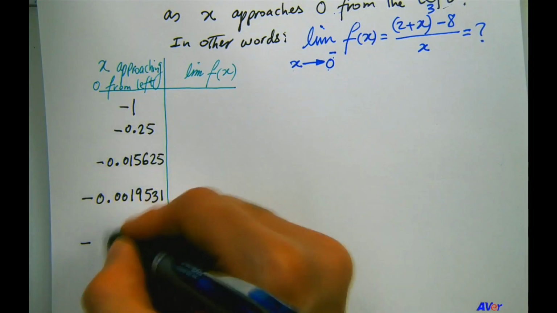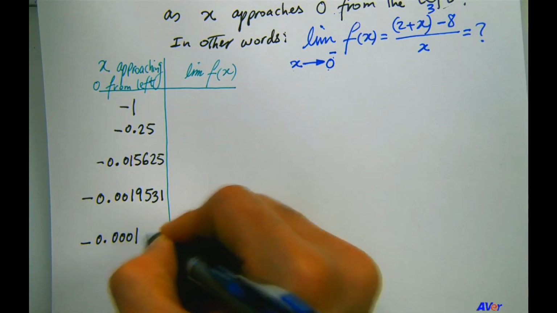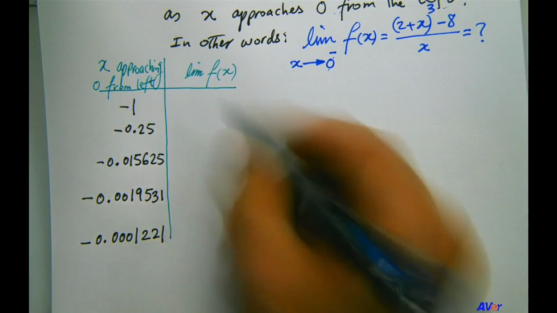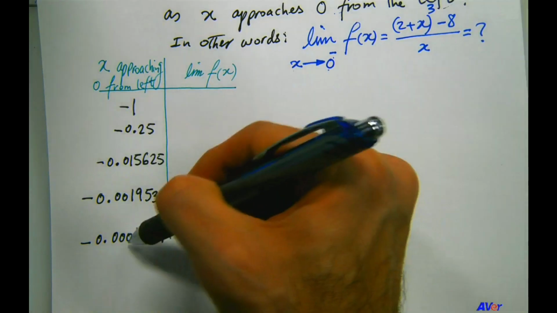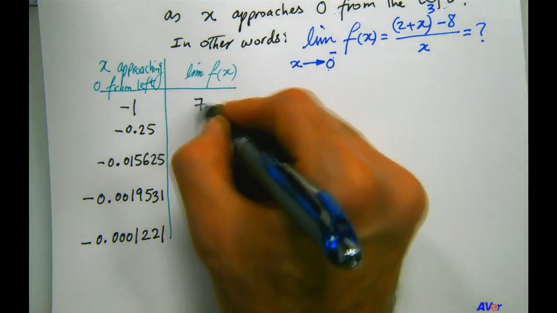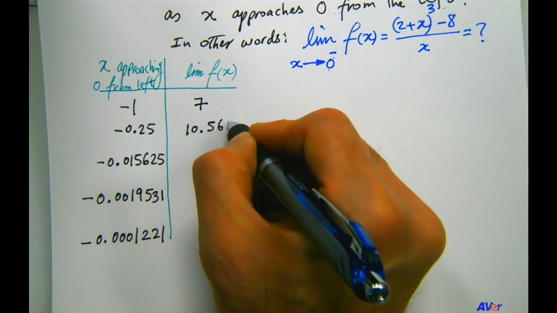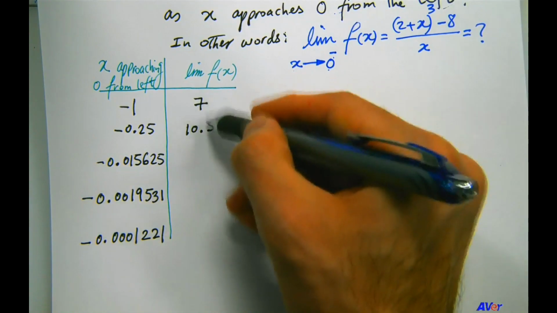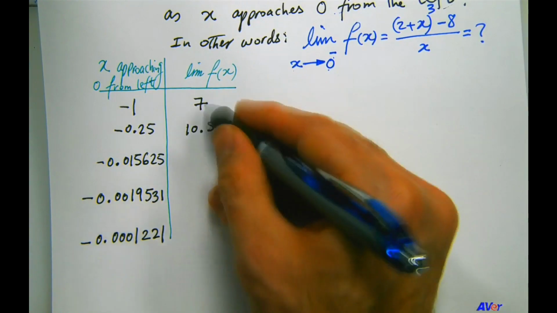The last one, I picked -0.0001221. So the values of the function as x is approaching 0 from the left are as follows: 7, 10.5625. Notice the trend in these values. What value are they approaching?